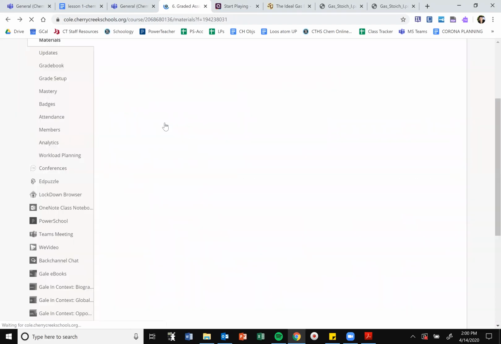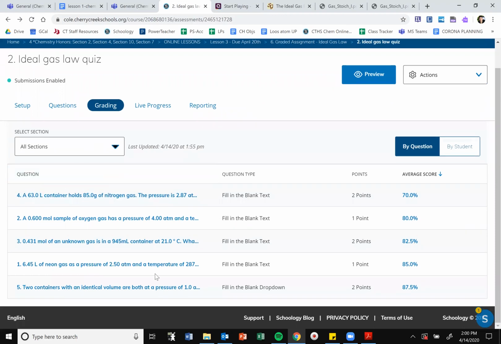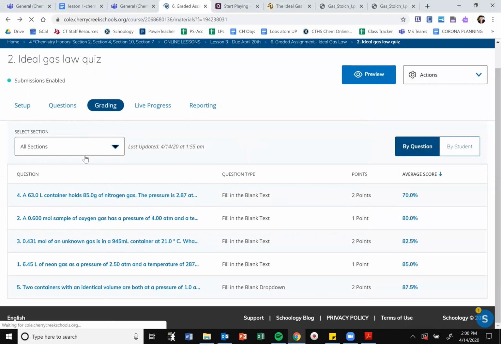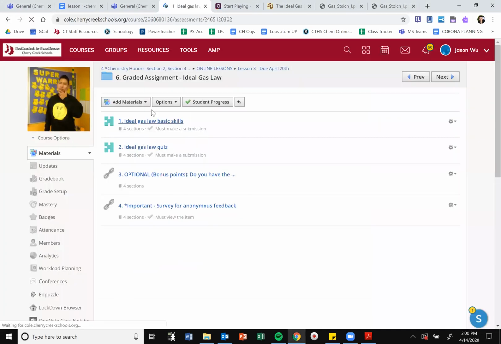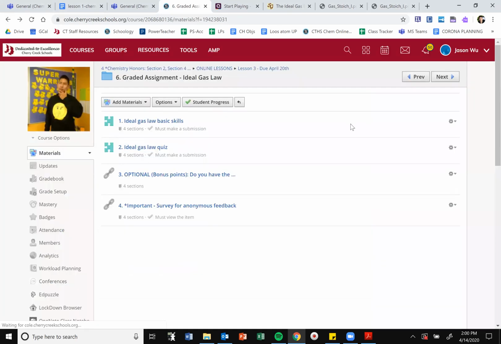Yeah, all of this stuff right here is all plugging in and solving for PV equals nRT. And all of this stuff right here in this first quiz is basically making sure you understand the units. Any questions on either of those? Or anything you want me to show you one more time?